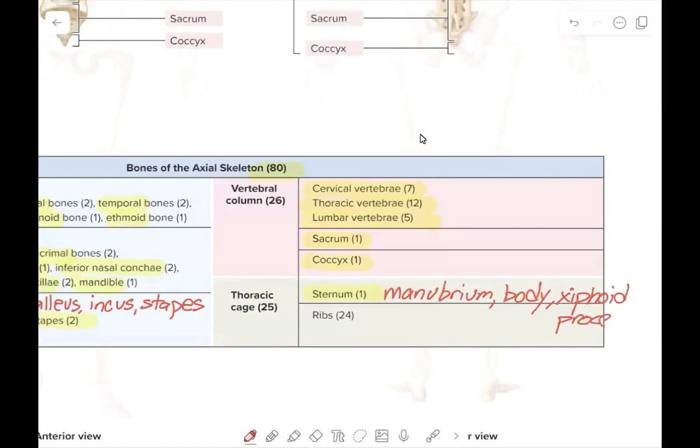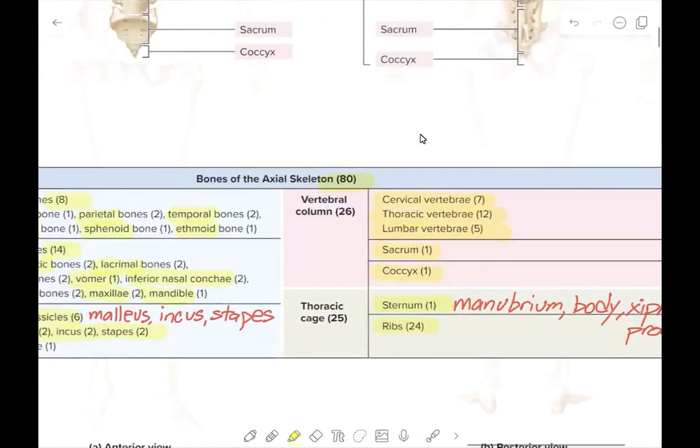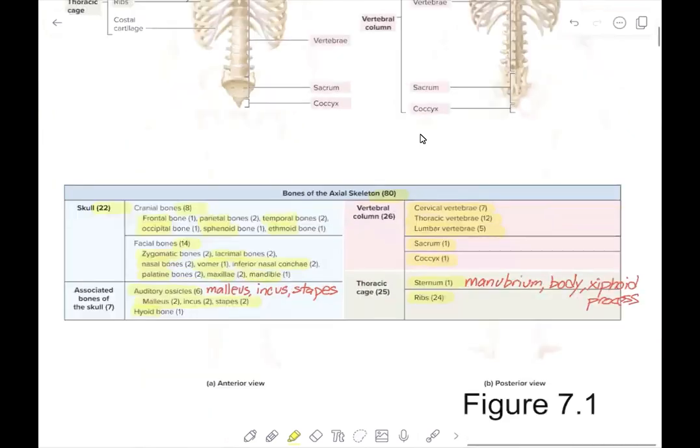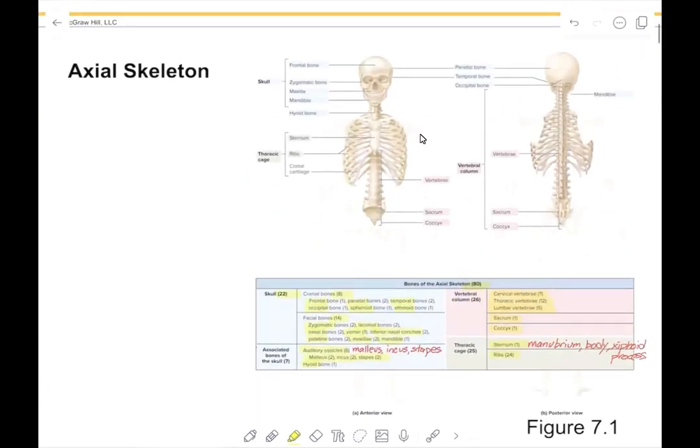As far as ribs, there are a total of 24 ribs. There are 12 on each side. And a lot of them are going to be connected directly to the sternum, and some of them are not.